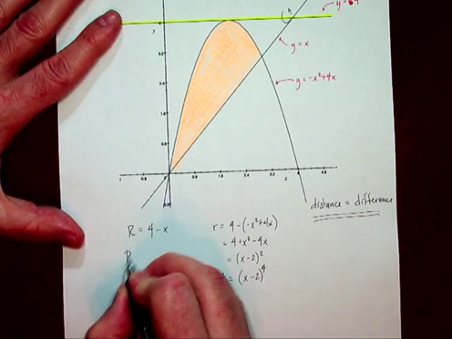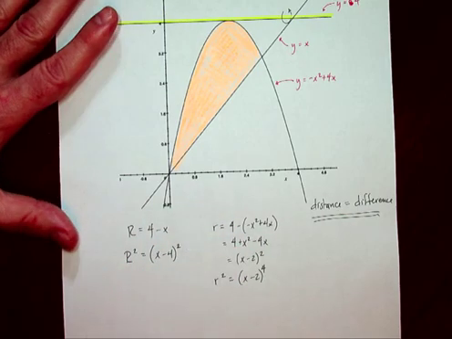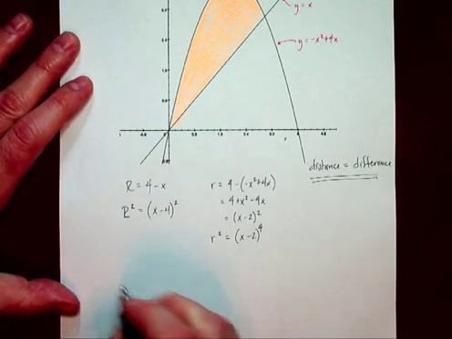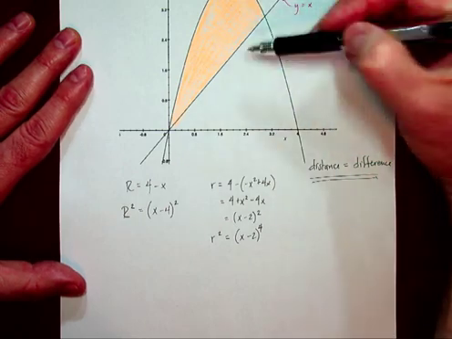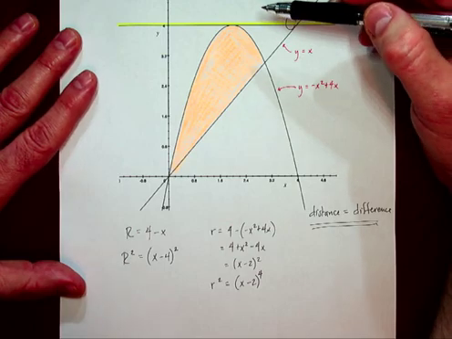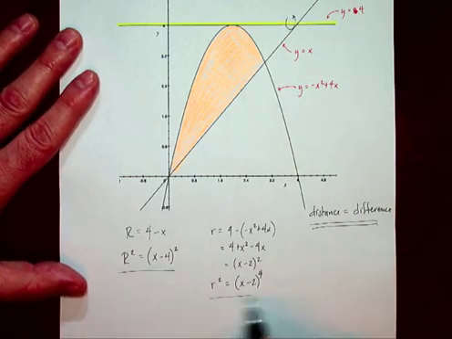Now, big R squared, remember when you square a difference, you can flip it around if you want because it's numerically the same. That means that if I'm looking for the volume of the solid of revolution, sorry, stumbling over my words, this is my big R squared, this is my small r squared.